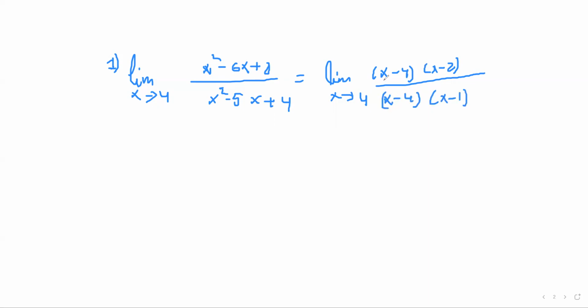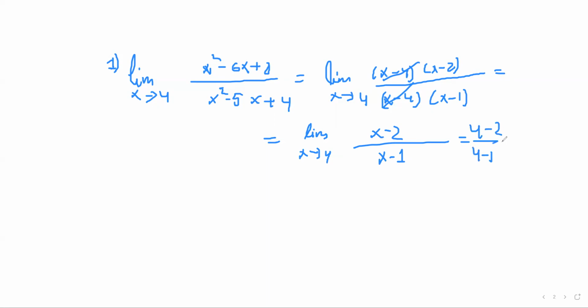When you do the canceling here, you obviously get the limit as x tends to 4 of x minus 2 divided by x minus 1. And if you place 4 instead of x, you get 4 minus 2 divided by 4 minus 1. It is 2 divided by 3. So in this exercise, we can see that the limit serves for elimination of an undetermined form.